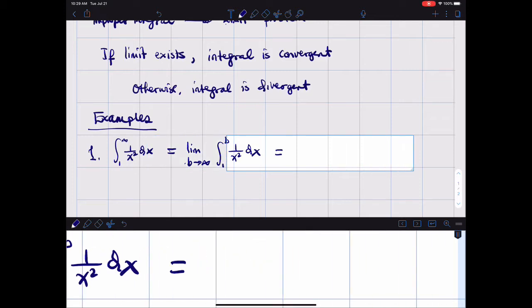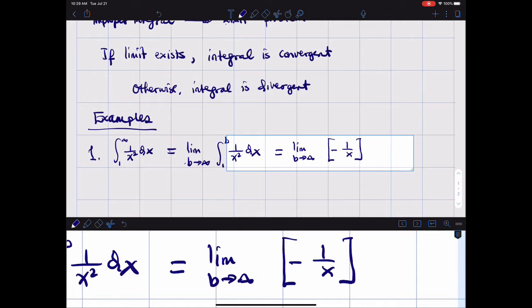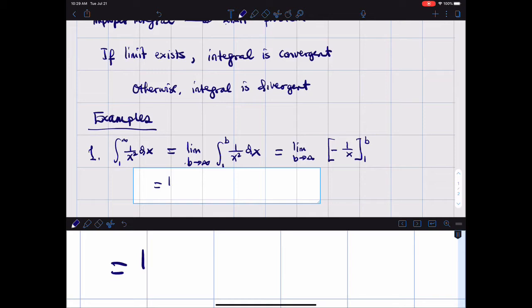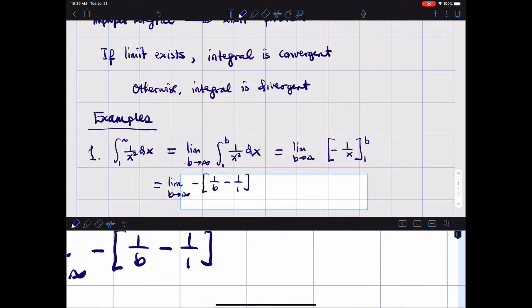This gives us the limit as b goes to infinity of, if you find the antiderivative of 1 over x squared, it's negative 1 over x, and then you're going from 1 to b. So this becomes the limit as b goes to infinity of, let's bring out the negative sign, 1 over b minus 1 over 1.